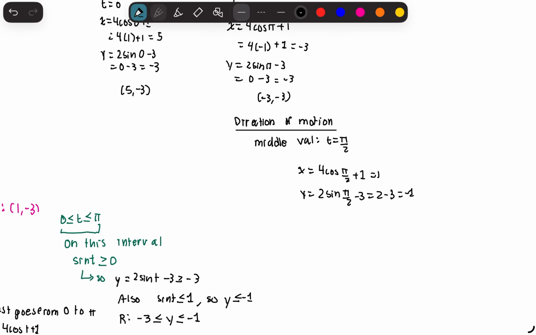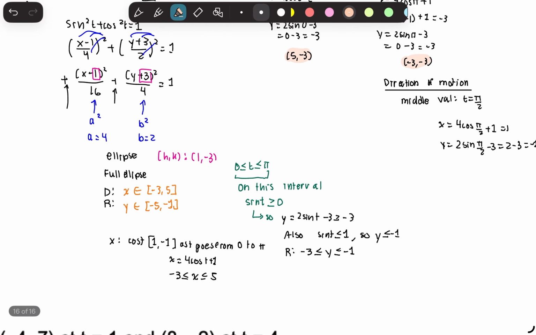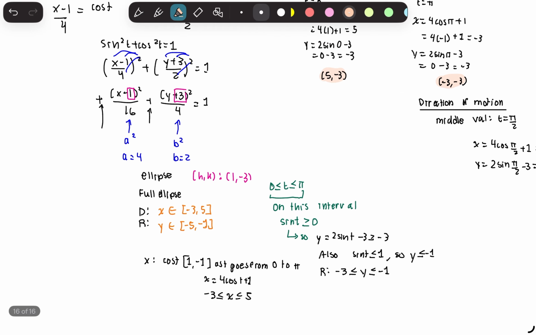So right now, as our points, here we have 1, -1.